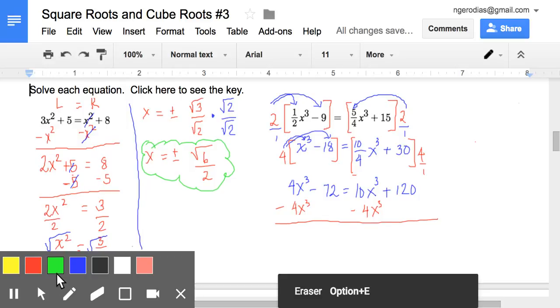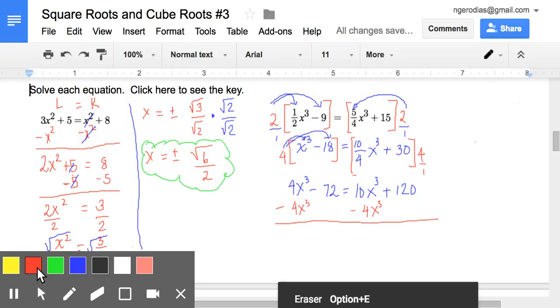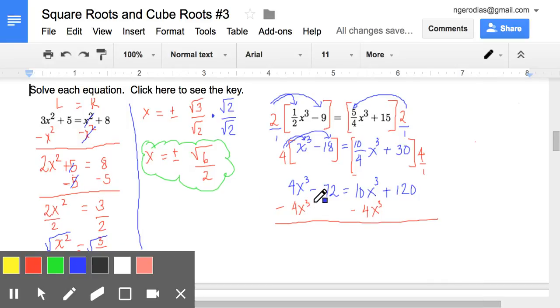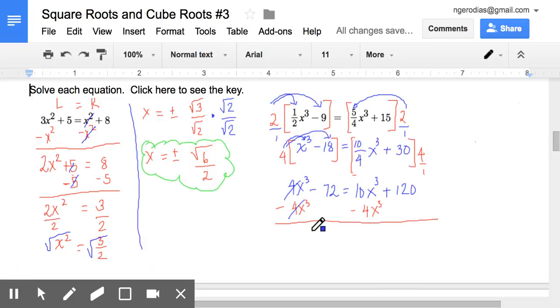So now we'll have, okay, so this cancels, and we're going to have negative 72 equals 6x cubed plus 120. Now we'll take away 120.